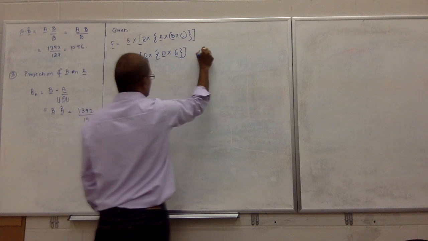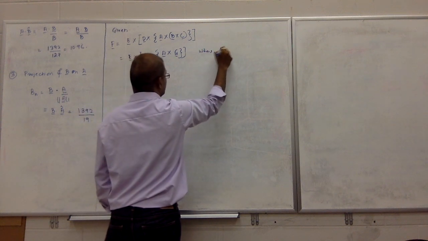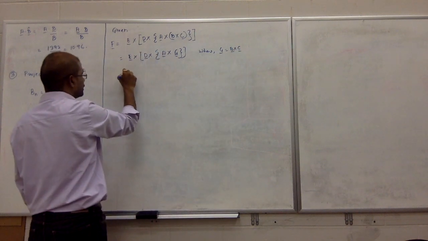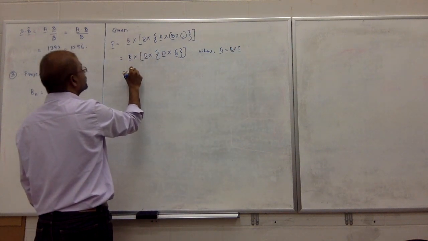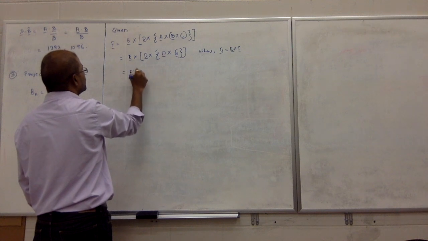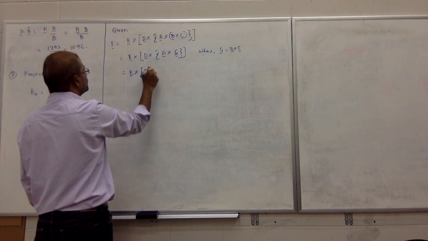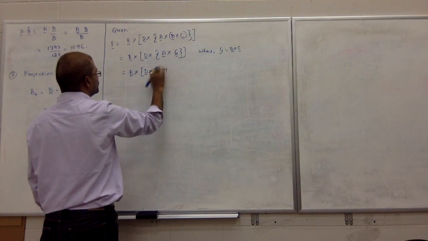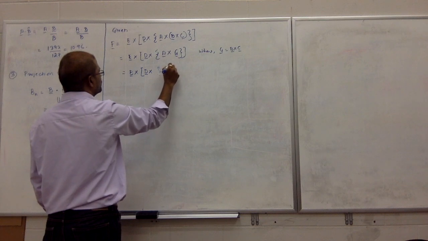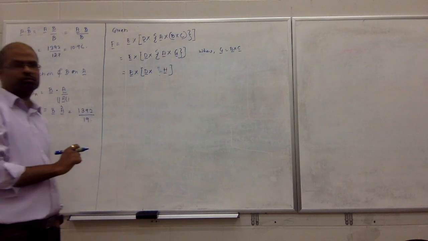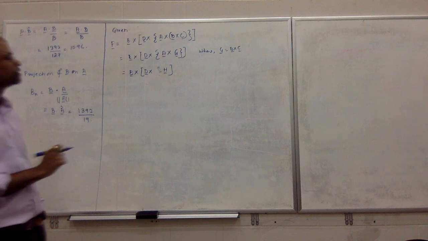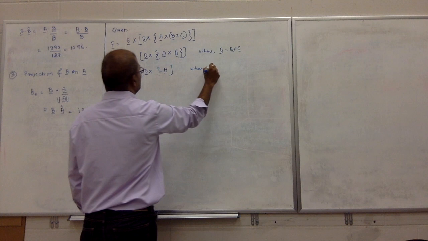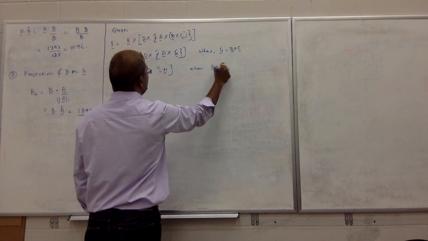B cross C, where G is B cross C. Okay? Can I write this as E cross B cross H? This H is what? A cross G, right?